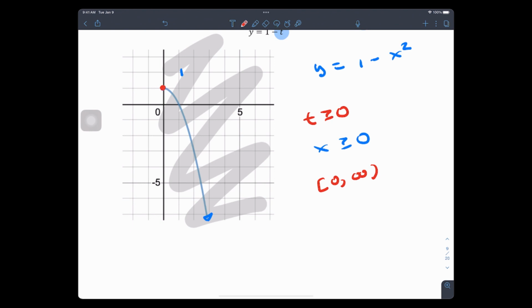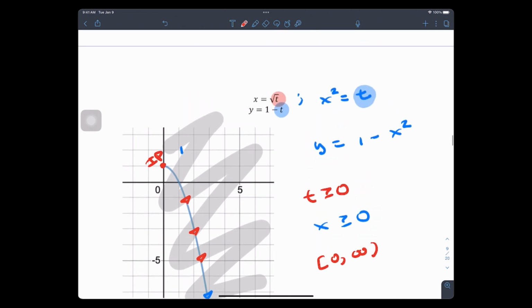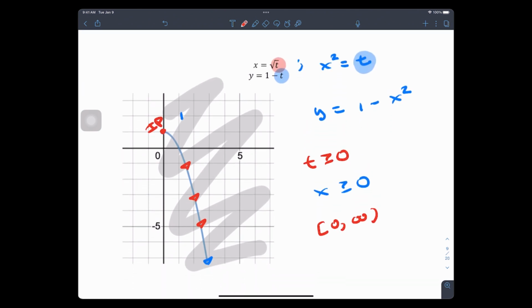It only has an initial point. It doesn't have a terminal point. And the orientation looks like this, by the way. So, there's some detail about that parametric curve. And we also know the equation. So, sometimes that's fun to do. It's fun to know that equation.